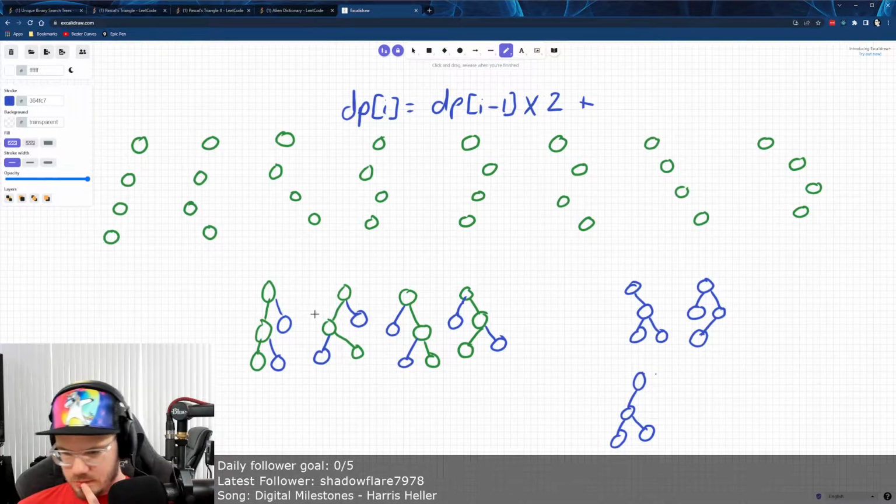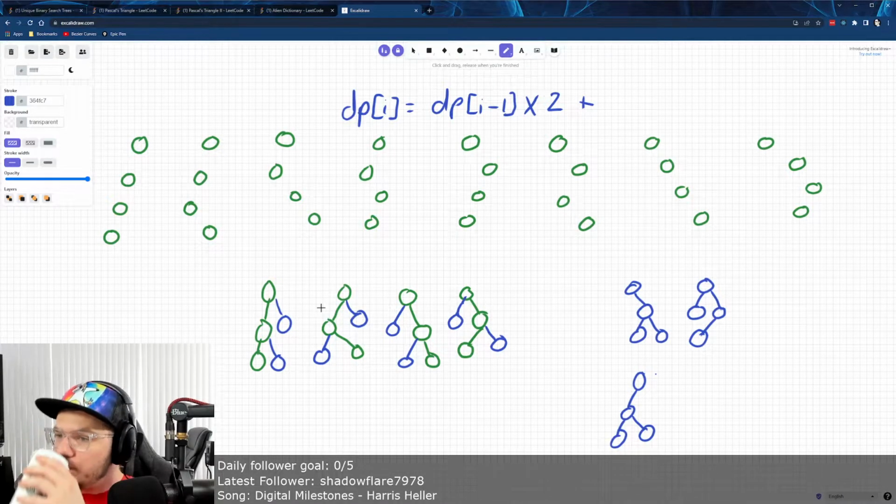Can't be any leaf nodes. We're never making the new node a leaf of the tree. We're either making it the root, or we're making it a left or a right child of something that's not a leaf.